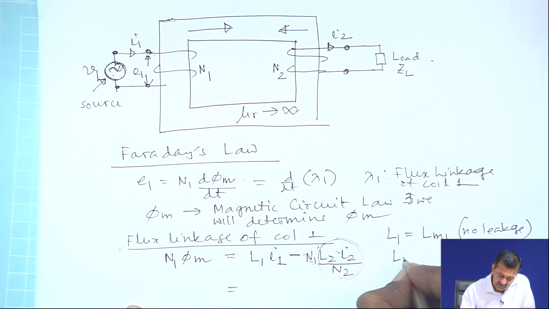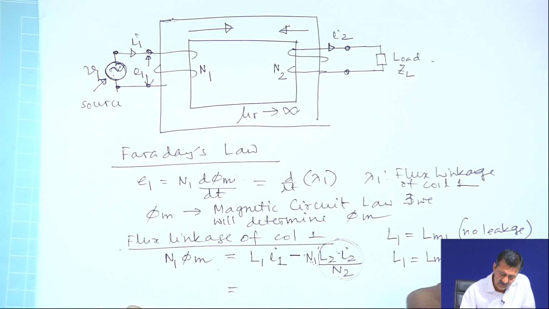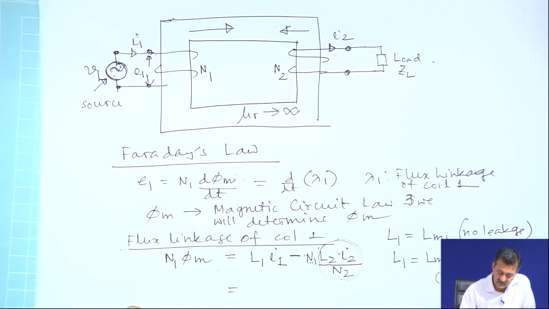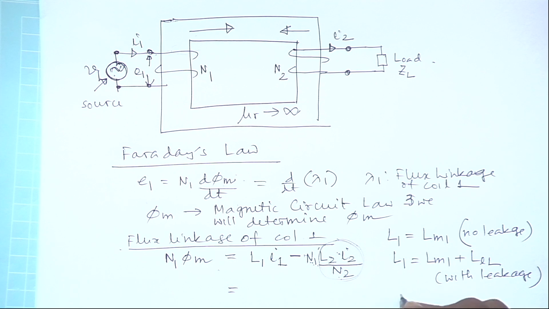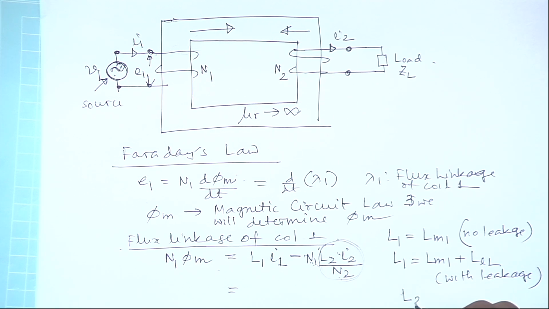Otherwise, with leakage, we have to think that it is equal to L m 1 plus L L 1. And with no leakage, L 2 is equal to L m 2.